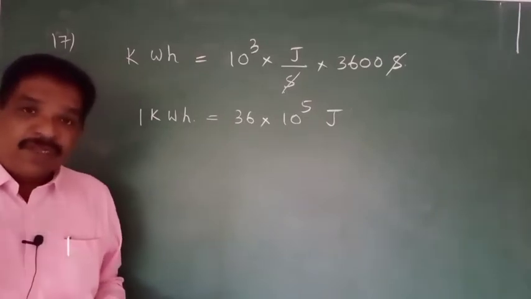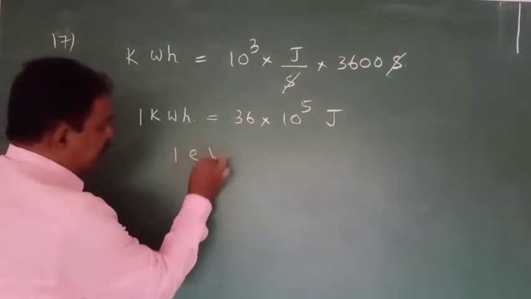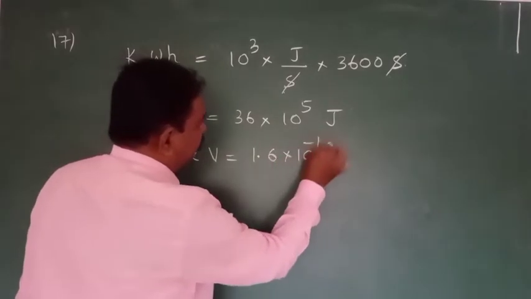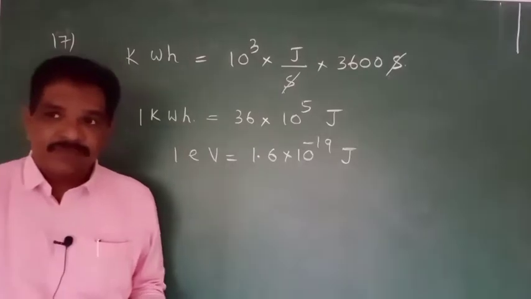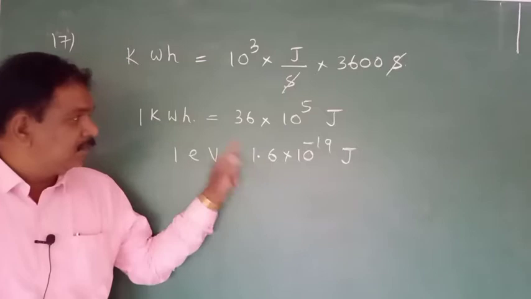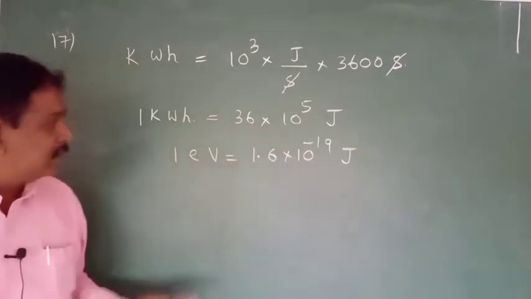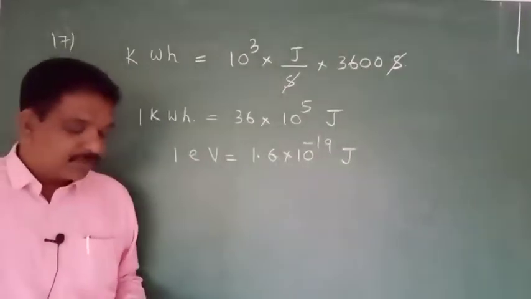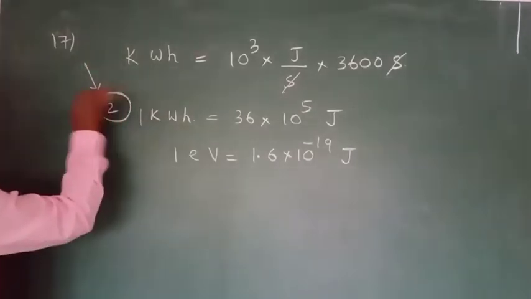The smallest unit of energy will be 1 electron volt, which means 1.6 into 10 power minus 19 joules. Electron volt will be the smallest unit of energy, and kilowatt hour will be the largest unit of energy. So it is a unit of energy only. So 17th, it will be second option.